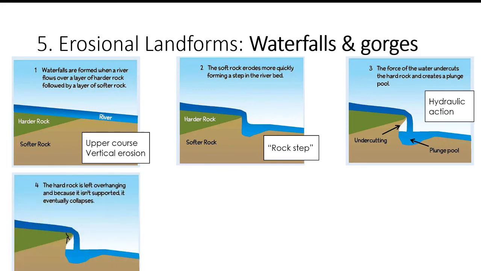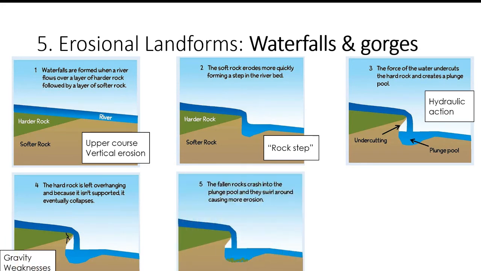Now, that overhang is hard rock, but as we've said multiple times already in this video, hard rock is not invincible, so it will have weaknesses in it and eventually it will crack, and that will occur due to gravity, and ultimately then all fall into the plunge pool and actually increase the amount of abrasion occurring, because you've got those rocks swirling around in that plunge pool acting as an erosive tool.